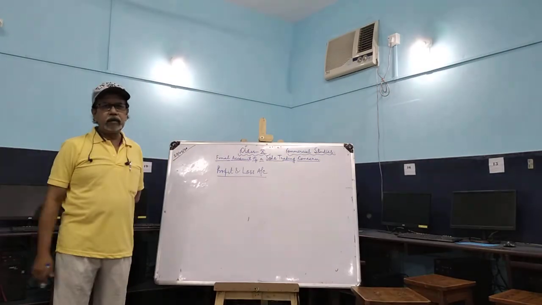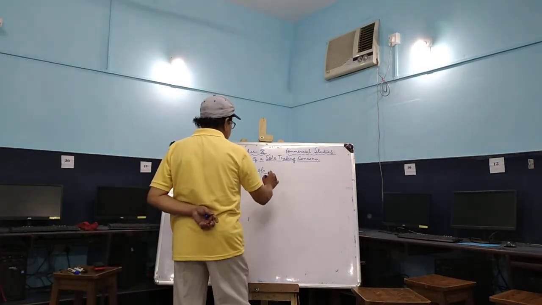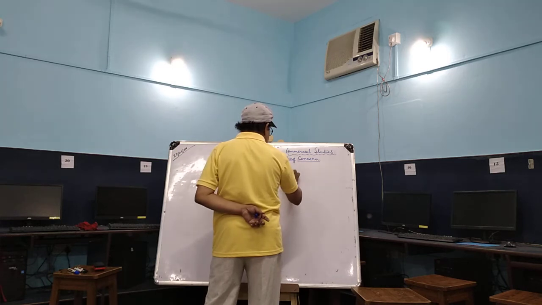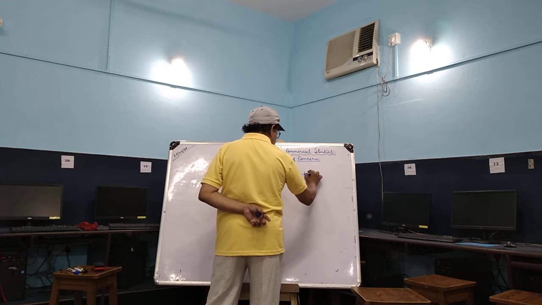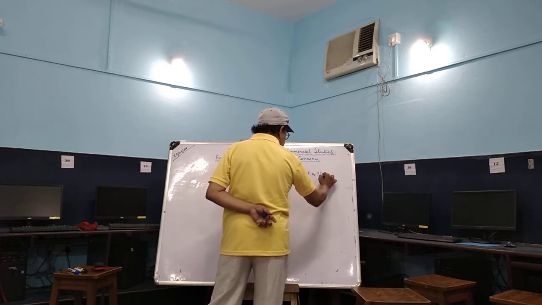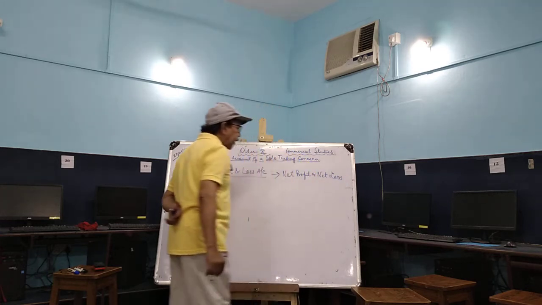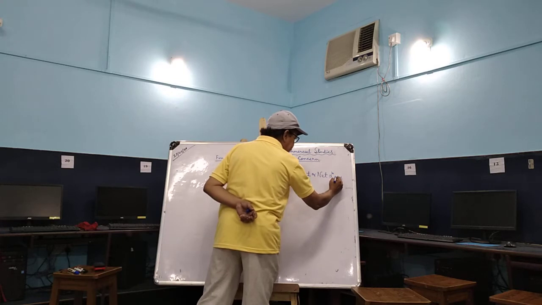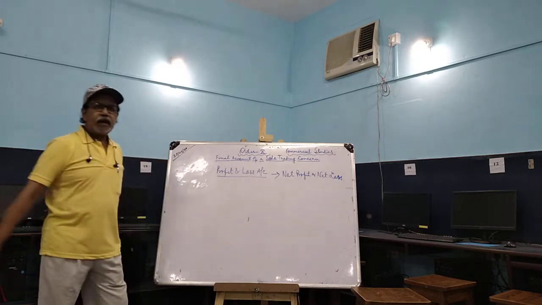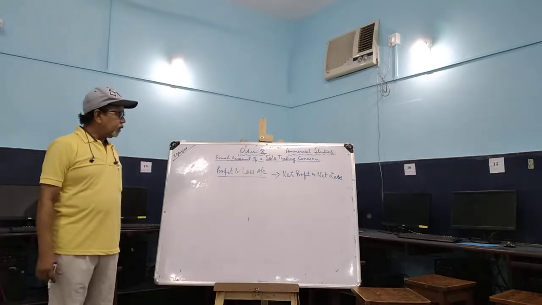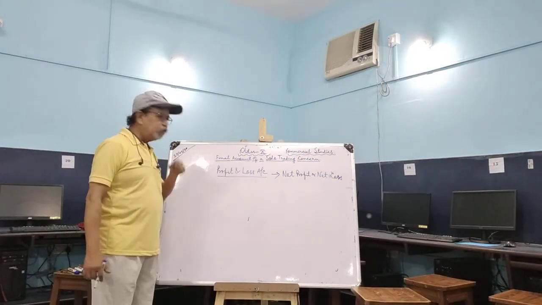Through this account, we ascertain the net profit or net loss of the business. Okay? Alright. So net profit or net loss will be ascertained through profit and loss account.